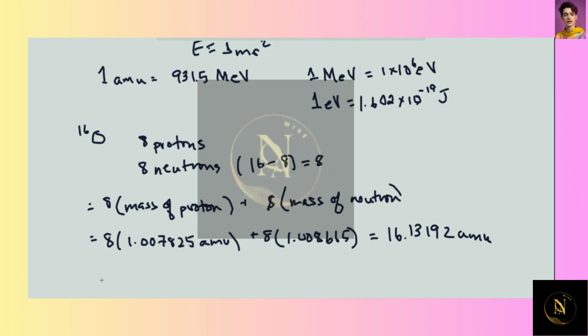But we know that the actual mass of this nucleus is 15.994915 AMU.